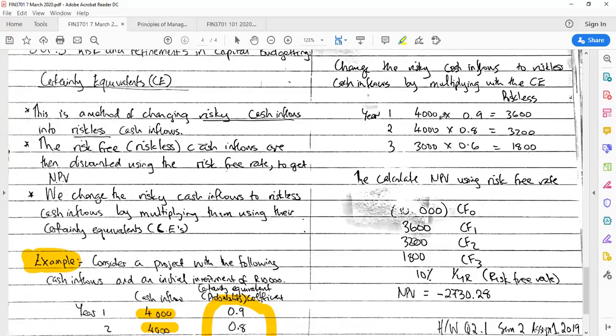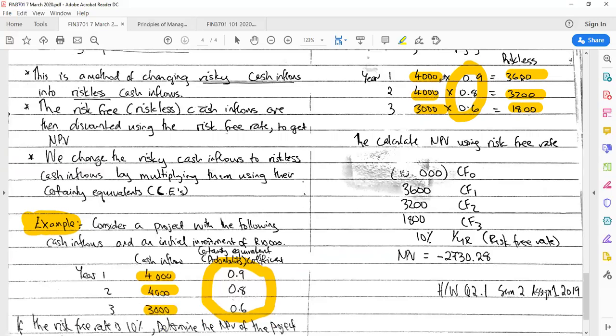Okay, so with the certainty equivalent approach, we multiply each risky cash flow by its certainty equivalent coefficient. If we multiply 4,000 by 0.9, we get 3.6, 4,000 by 0.8, 3.2, 3,000 by 0.6, we get 1.8. So these cash flows are now riskless.